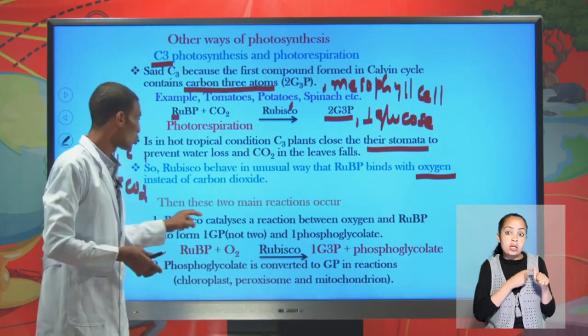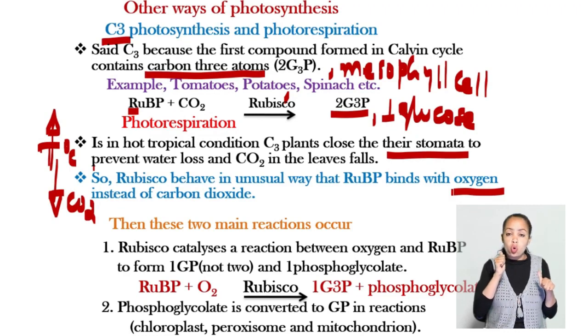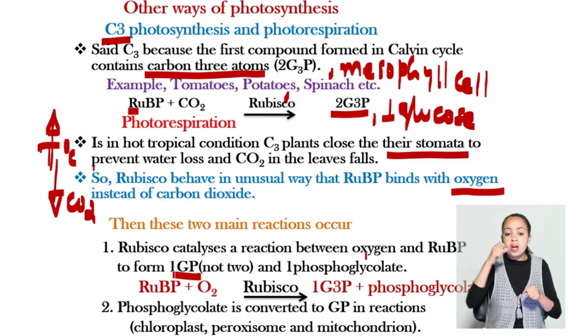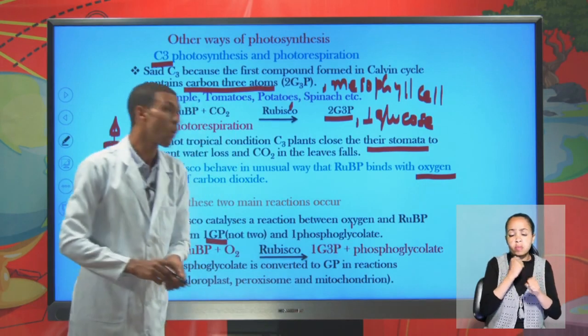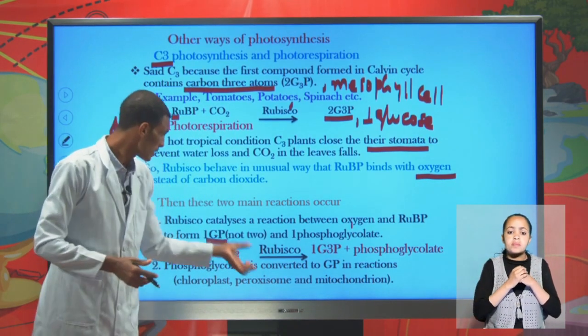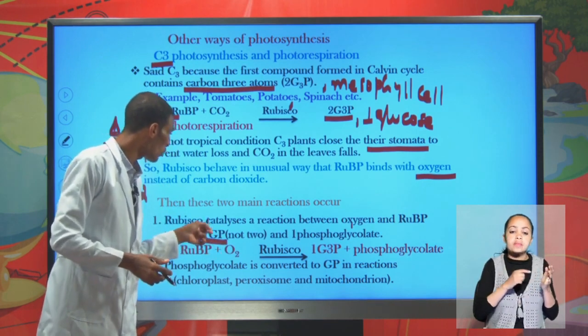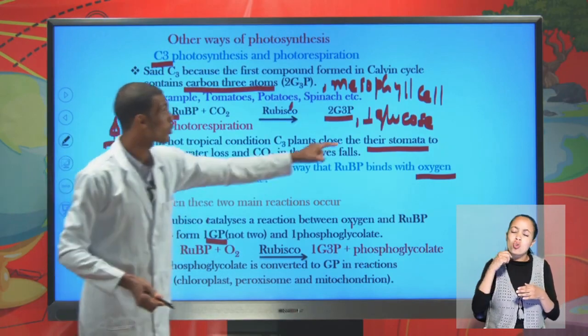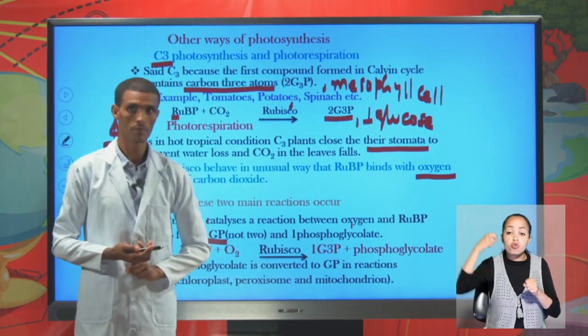One is that Rubisco catalyzes a reaction between oxygen and ribulose bisphosphate instead of carbon dioxide. And again, there is a formation of 1-phosphoglycerate instead of 2-phosphoglycerate. And again, the formation of another, 2-phosphoglycolate. So here, the phosphoglycerate formed in this process is not efficient and effective for production of a glucose molecule.